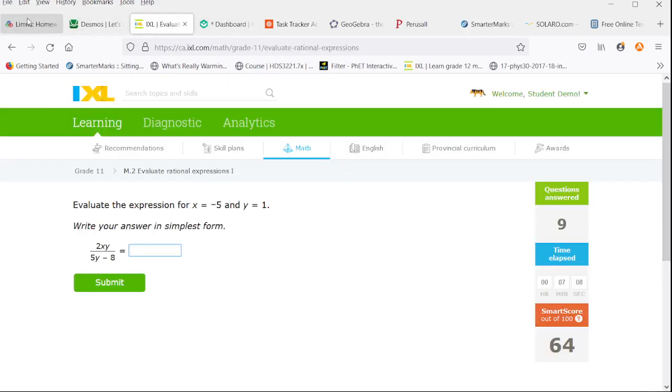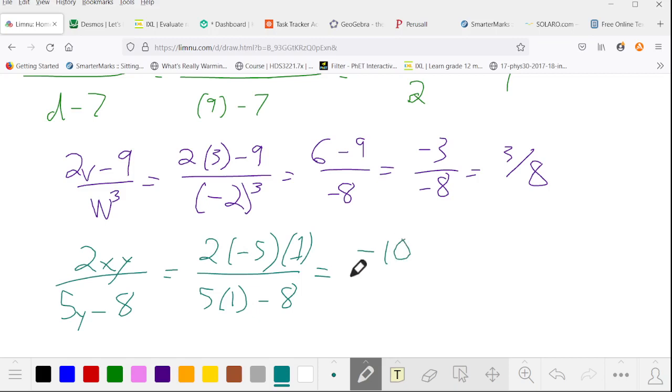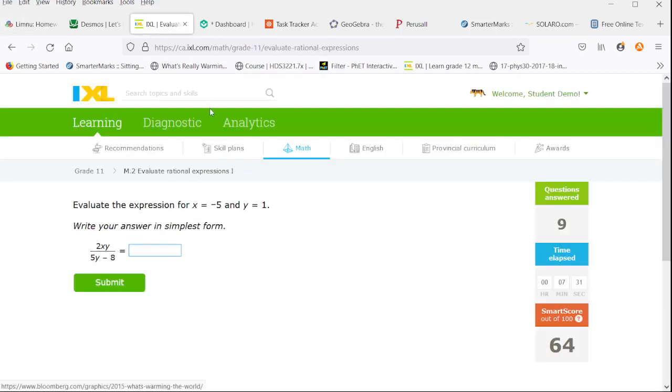We want that for x equals negative 5 and y equals 1. So 2 times negative 5 is negative 10 times 1 is still negative 10, and 5 minus 8 is a negative 3, so that's 10/3.